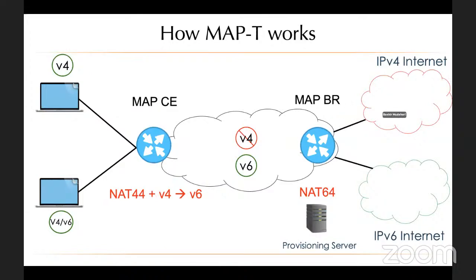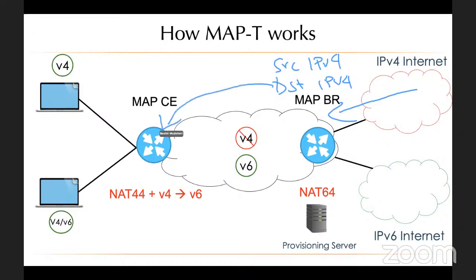When the packet is coming back, you know the drill, right? The packet will have a source IPv4 and destination IPv4, right? The destination IPv4 should be the public v4 address configured on this CPE or the CE, right? So the BR needs to translate these two addresses to IPv6, right?